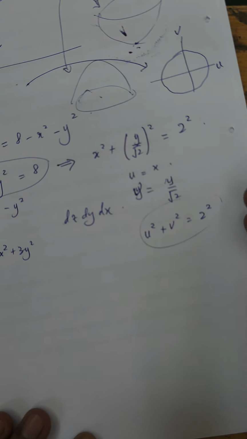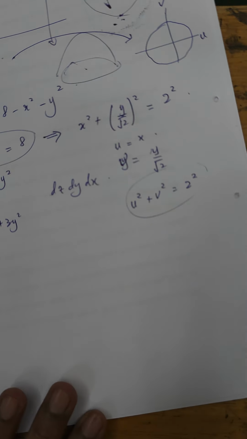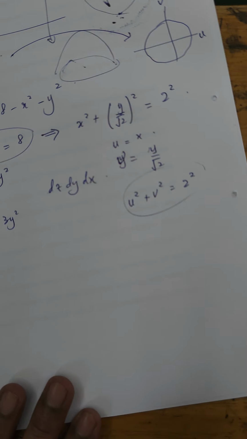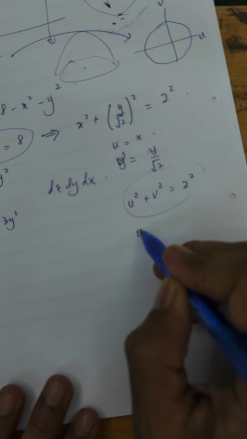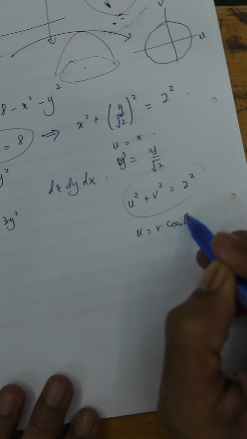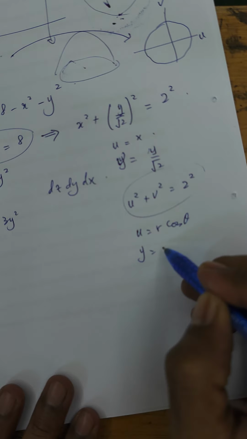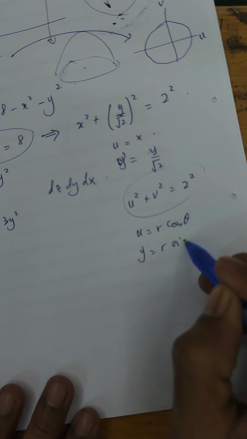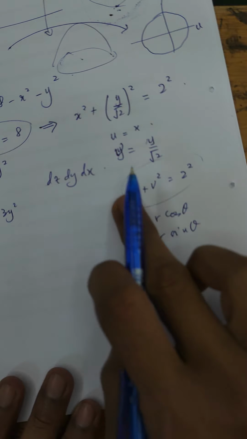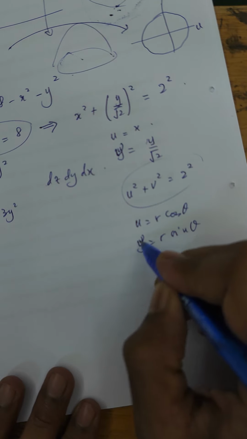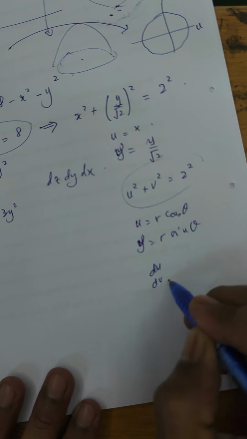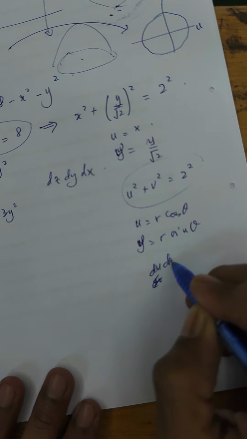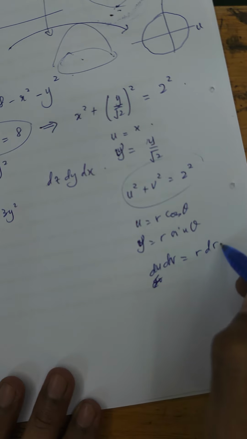Then you can use polar coordinates, where u is r cos theta and v is r sine theta. Then here you have du dv, and this gives you r dr d theta.